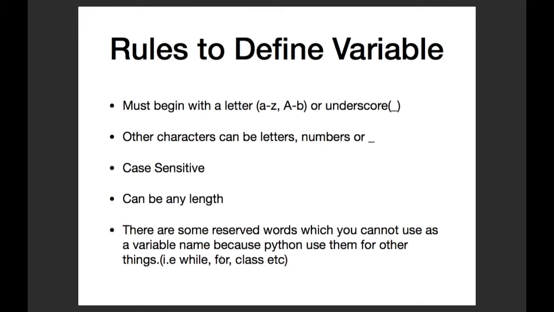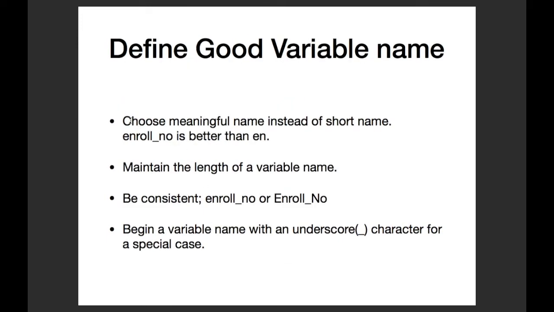So let's see how to define a good variable. Choose a meaningful name instead of a short name. Suppose we have to create a variable for the enrollment number of a student. We create a variable like enroll_number instead of en. En may be English, en may be enrollment number, but if we name the variable enroll_number, it's easy to read and easy to understand.